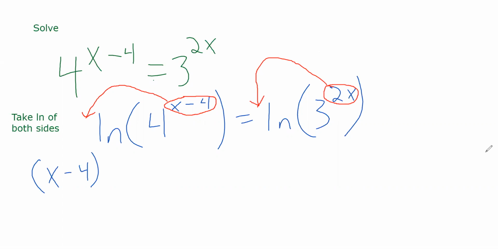So the x minus 4 gets brought down, but I want to note that I need to put the x minus 4 in parentheses, so I know this whole thing is being multiplied to the natural log of 4. And then on the right-hand side, I'm going to get 2x times the natural log of 3.